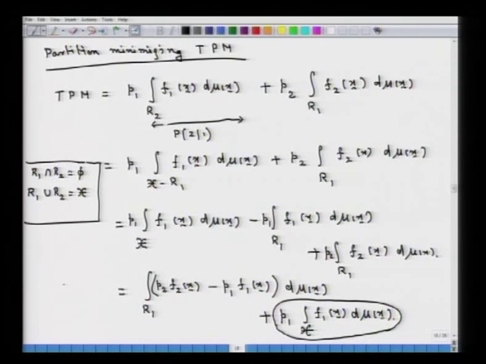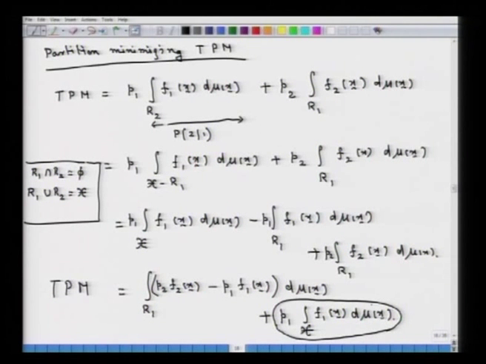Now, our objective is to look at this total probability of misclassification, which is given by this, and to find out that partition R1 R2, say R1 star R2 star, such that this total probability of misclassification is minimum. So, we are looking at the minimum value of this quantity with respect to the partition R1 R2.